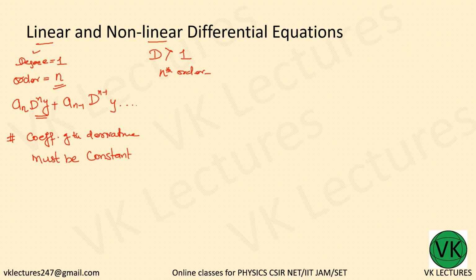That means in this case a_(n minus 1) and all these should be constant. One example is d square y by dx square plus 5 dy by dx plus 3y equal to 0.